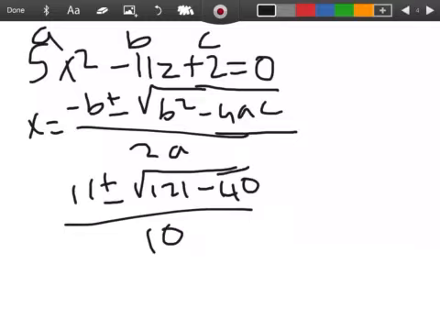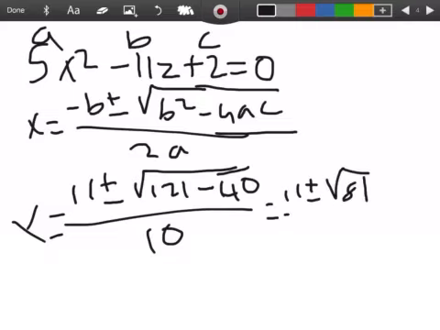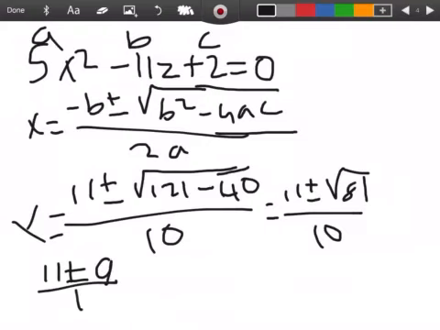And so if you were to simplify everything, you would get 11 plus or minus the square root of 81 over 10, which equals 11 plus or minus 9 over 10.